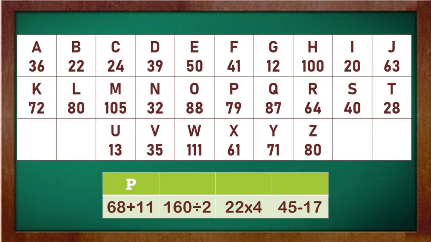Correct. That's 80. And it's letter L. 22 times 4. Good. It's 88. And letter O. 45 minus 17. That's 28. And it's letter T. Good job!